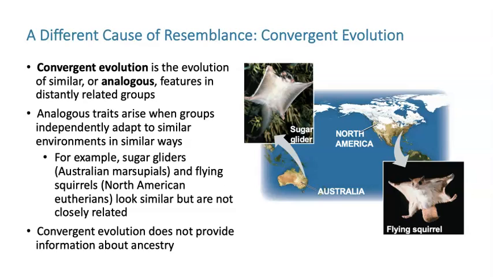The last concept that I want to talk to you about before I move on to a slightly different concept, which is we'll move on to the fossil record soon, is the concept of convergent evolution. So far we've been talking about homologies, and homologies are traits that you have in common because a common ancestor had the traits, but it doesn't always work that way.